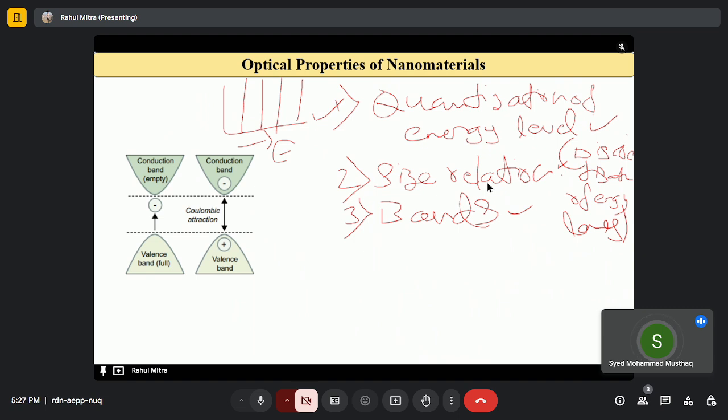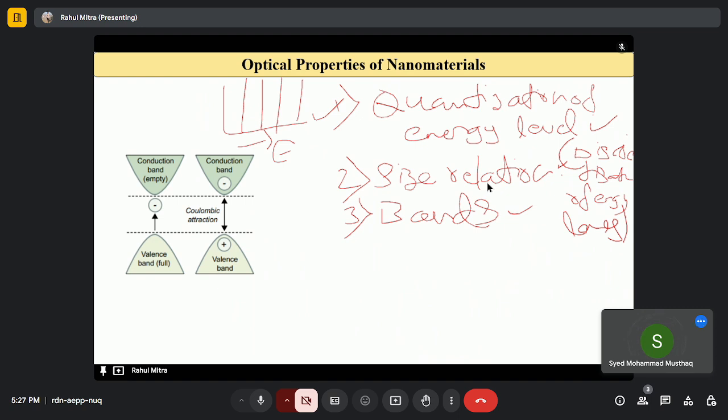There is this phenomenon, for example, in some semiconductors at very low temperature, they emit energy. They emit photons. Now, why does that happen, even below our band gap energy, right?